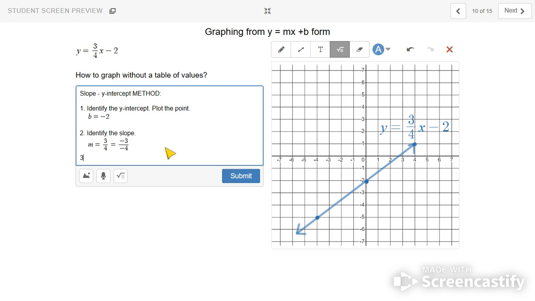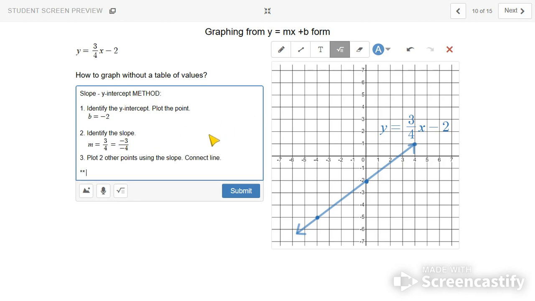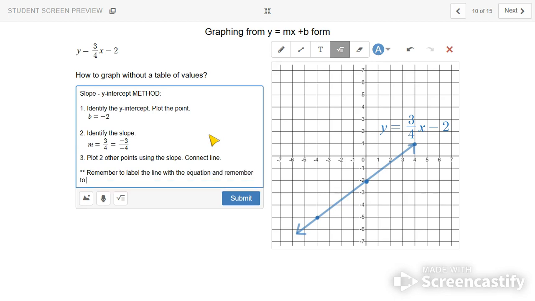And because we were able to draw 3 points with it, we were able to connect it. Okay, so quick hint, remember to label the line with the equation and remember to draw arrows to show the line continues.